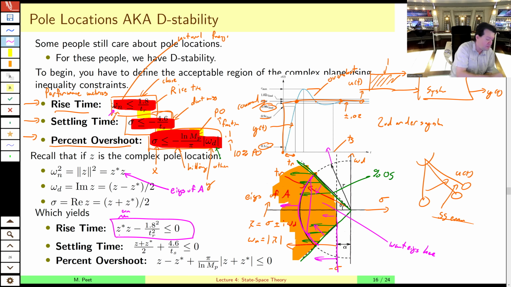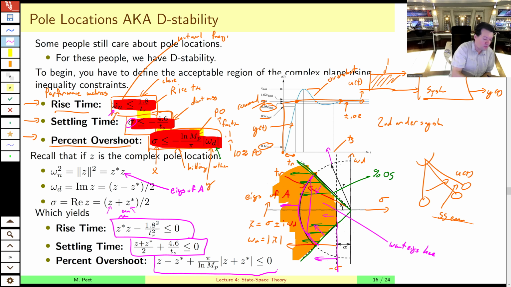For settling time, we plug in for sigma. It's the eigenvalue plus its complex conjugate, which gets rid of the imaginary term, so it's the eigenvalue plus its complex conjugate divided by 2 is less than this term. So another inequality constraint.